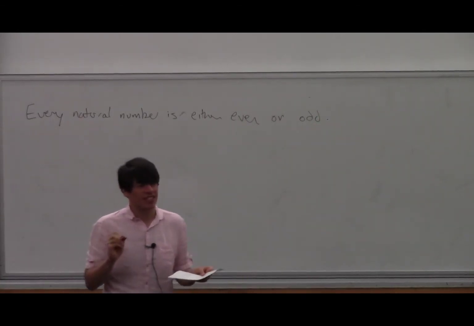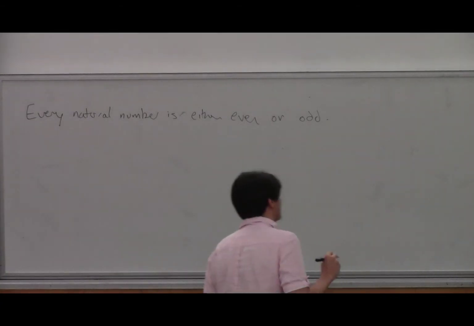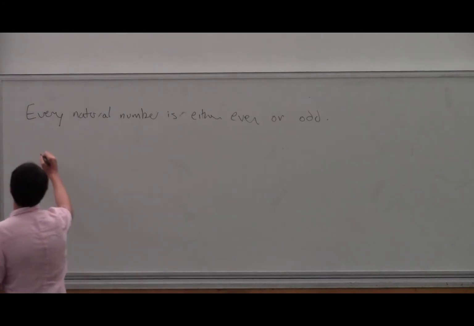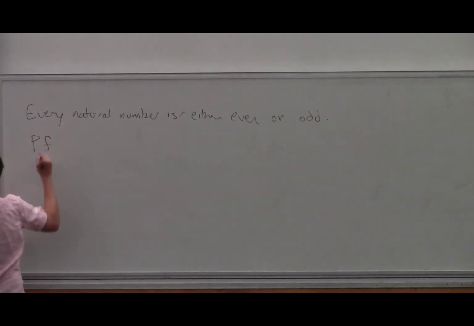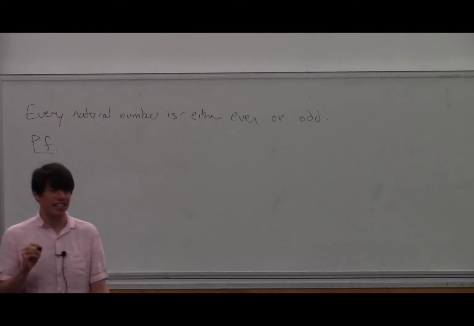And you may not be convinced this is true a priori, but we'll get there. It may take the whole lecture. Okay, so how do we prove this? Can anyone suggest a proof technique that might apply to this problem?